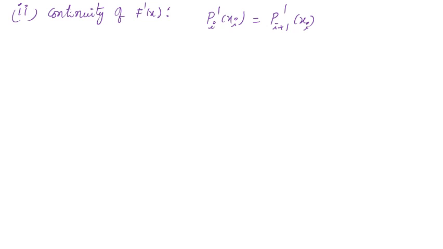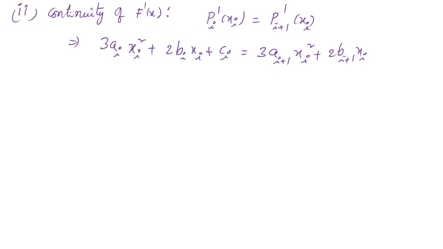If I take the derivative of the polynomial pi of xi, what is this? 3ai xi square plus 2bi xi plus ci. This is the first derivative of pi of xi. Same logic for pi plus 1: take the derivative and you will get 3ai plus 1 xi square plus 2bi plus 1 xi plus ci plus 1. This is for i from 1 to n minus 1.